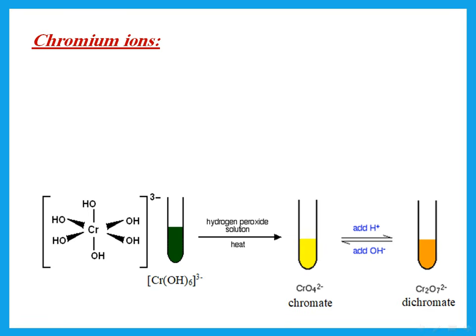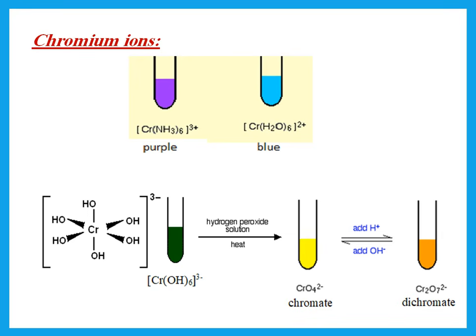Chromium ions, we have chromium with ammonia complex, that is purple. If it is chromium in solution with water, it is blue. The chromium with the hydroxide ions around it, this is green. Now, you need to remember also that hydrogen peroxide is an oxidizing agent.